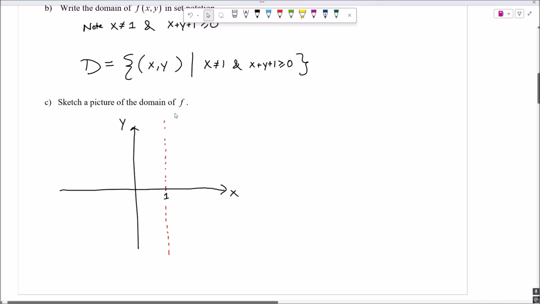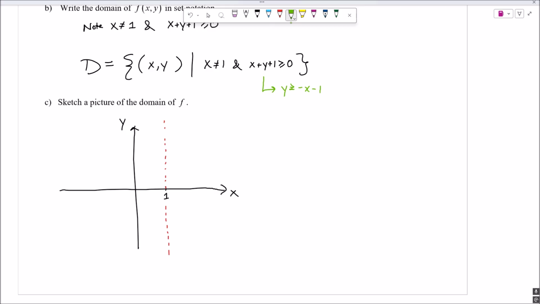But what I can do is use points as long as they satisfy this other condition. If I take this other condition and rewrite it a bit, I could state that this is the same thing as y being greater than or equal to negative x minus 1. I'm just sliding that x and that negative 1 to the other side.